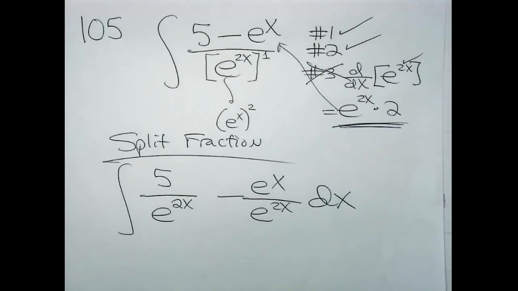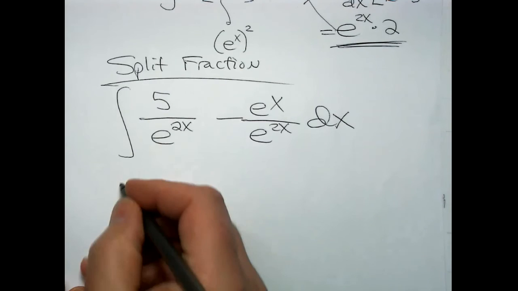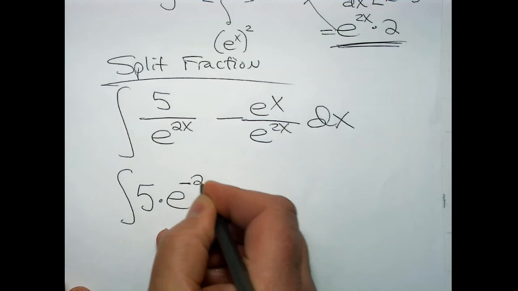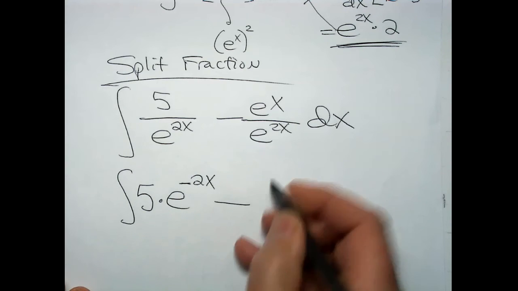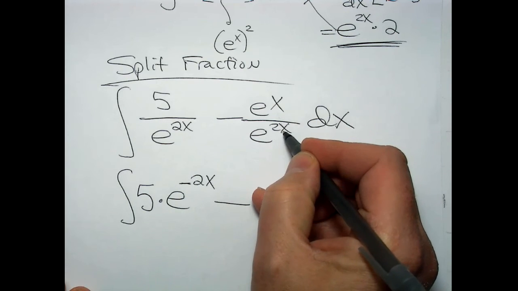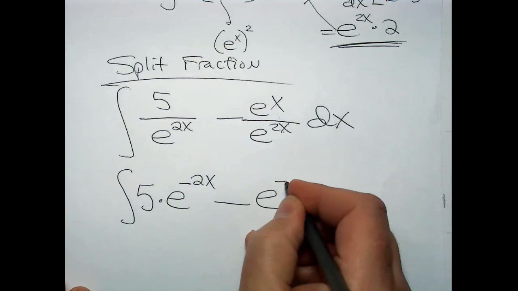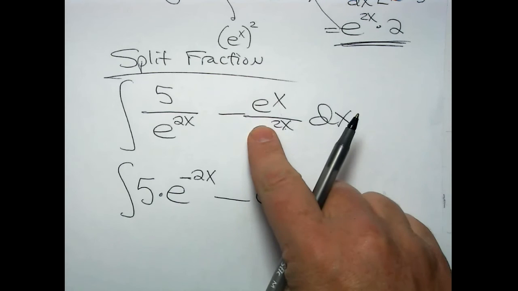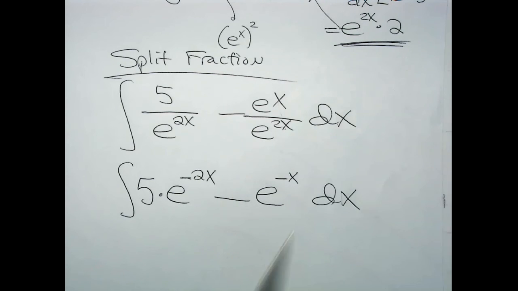So yes, you can if you need to split the fraction. So what do we have here? We have a 5. We have an e to the minus 2x minus, subtract your exponents, please. Don't forget, when the bases are the same, you do subtract your exponents. That is correct, and this got pushed to the top.